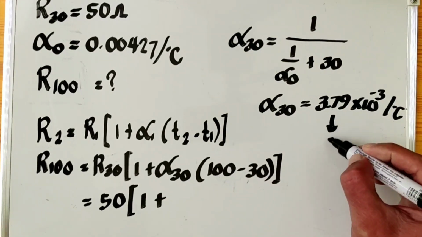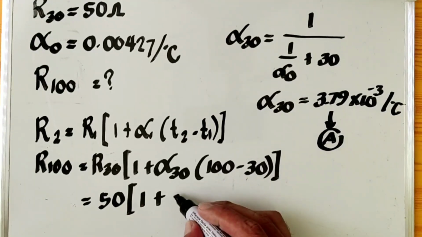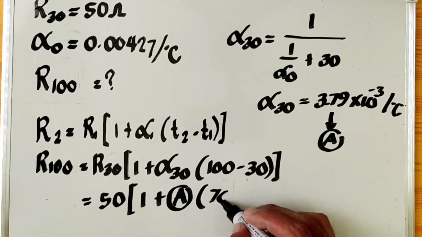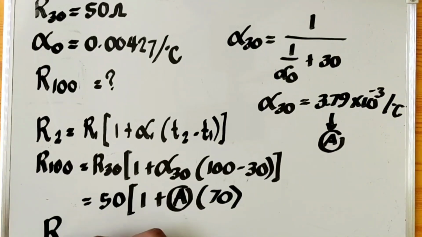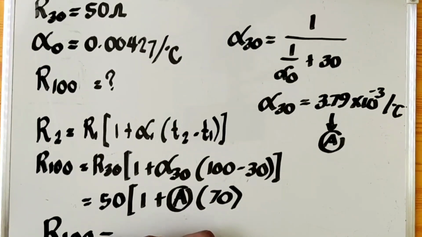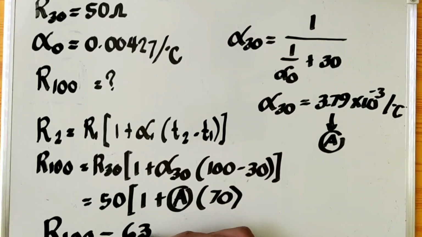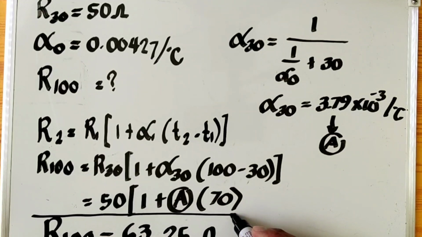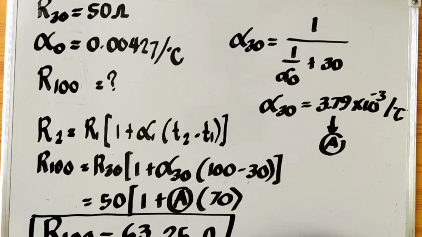So, let's store this at A in your calculator. That will be 100 minus 30 is 70. So, upon calculation, we will have R at 100 which is equal to 63.25 ohms. This will be the answer.